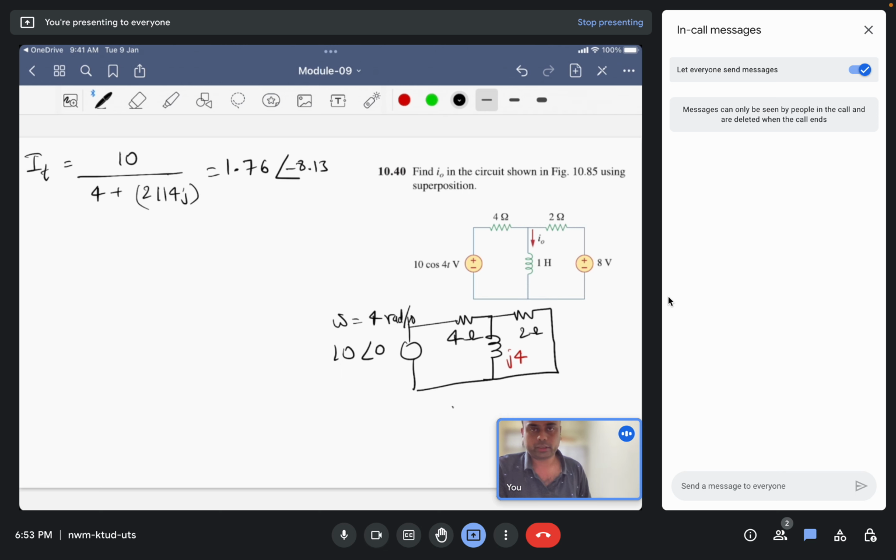Now we have to use the current division rule to calculate the current through the inductor. So the current through the inductor, I1, will be 2 divided by 2 plus j4 multiplied by the total current, 1.76 angle minus 8.13.